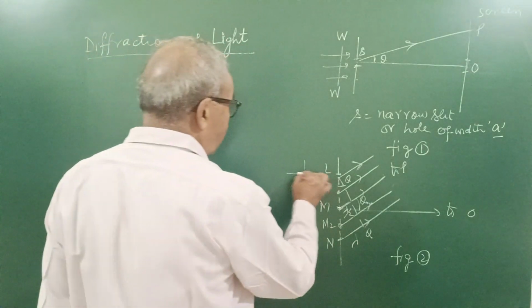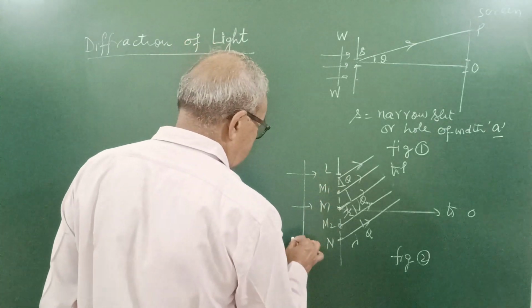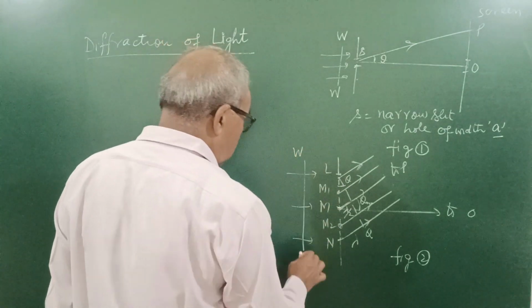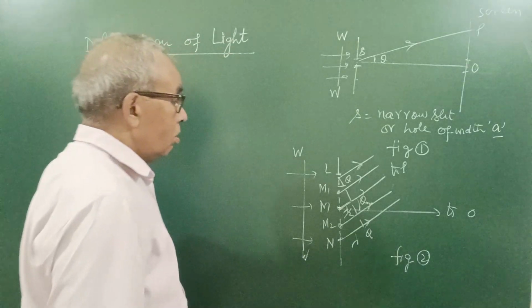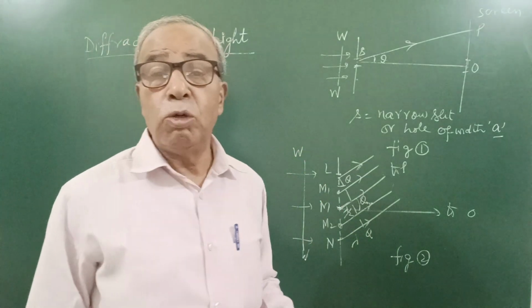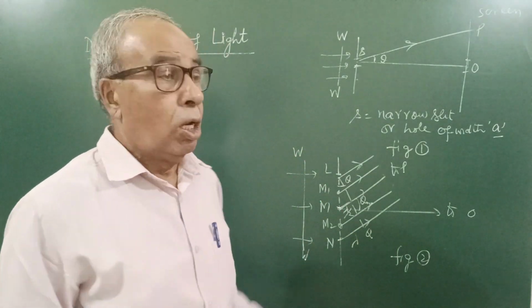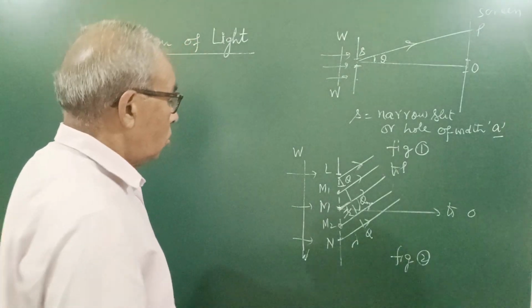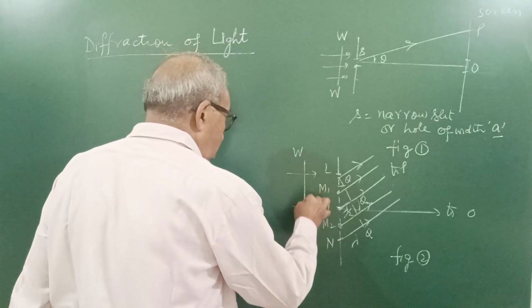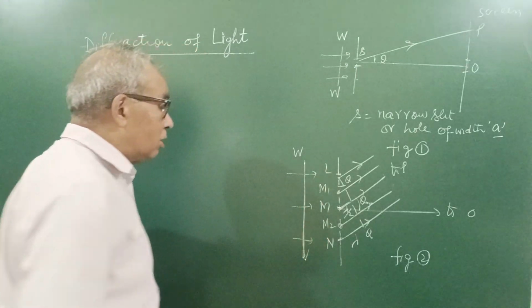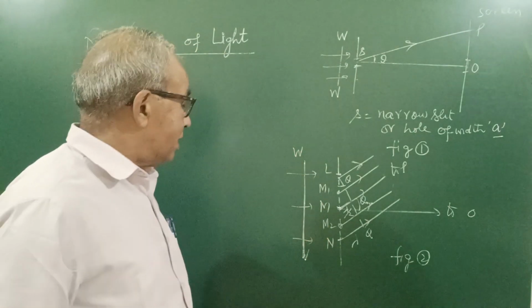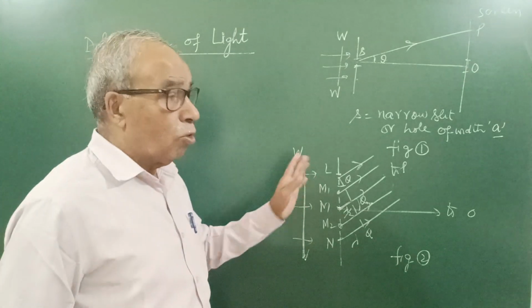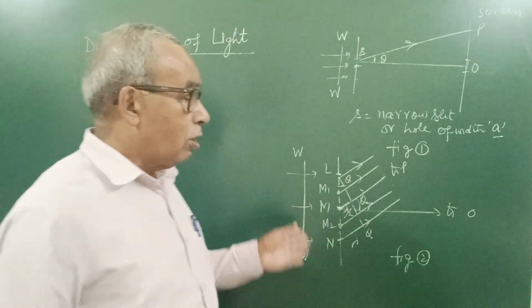Now when plane wavefront WW' is incident normally. Wavefront, I have told you what is the meaning of wavefront? Locus of points oscillating in the same phase. So, according to Huygens theory, all points of the medium on the wavefront are oscillating in the same phase.